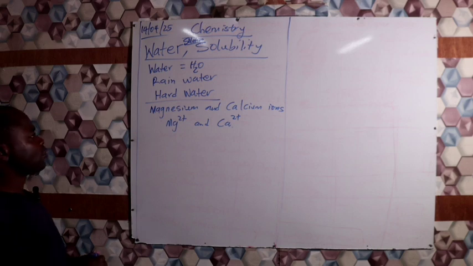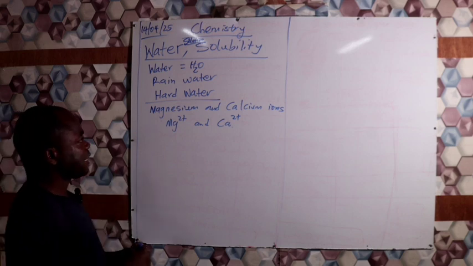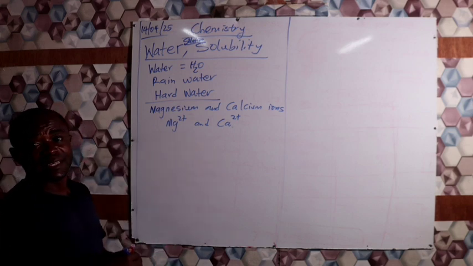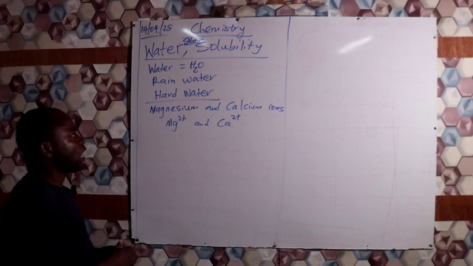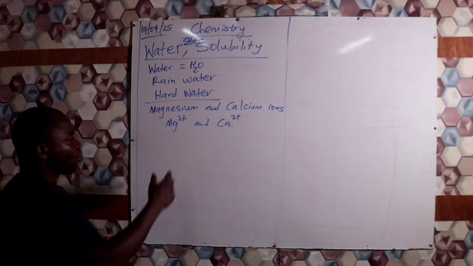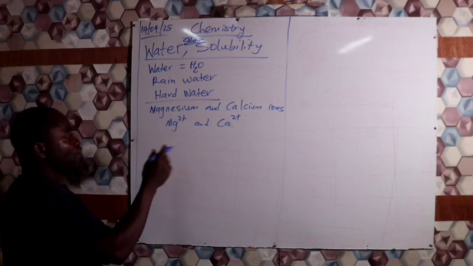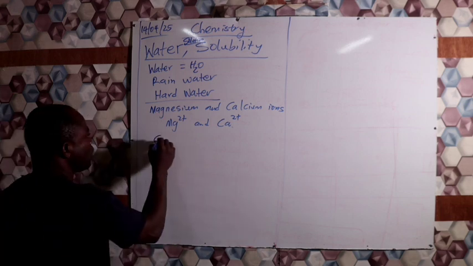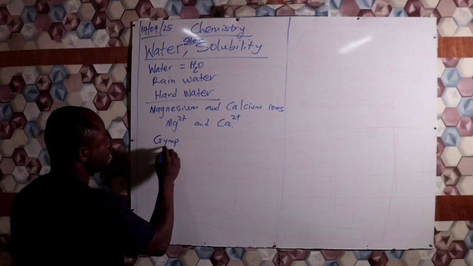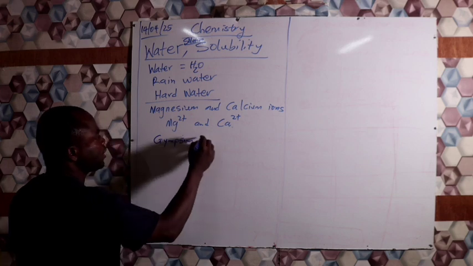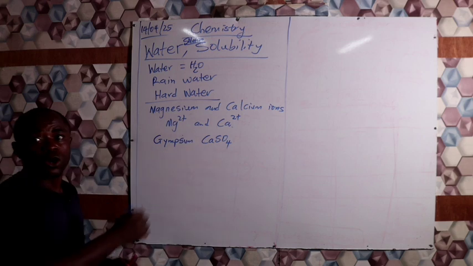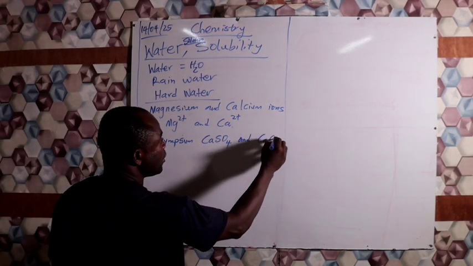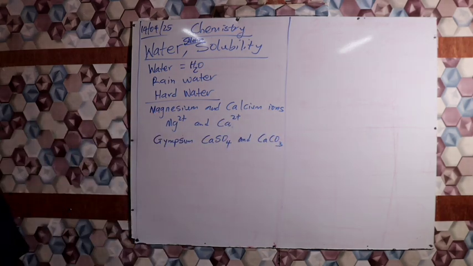Okay, we have temporary hardness and we have permanent hardness of water. The temporary hardness occurs when water interacts with what we call gypsum, that is calcium tetraoxosulfate(VI), and limestone, which is calcium trioxocarbonate(IV).